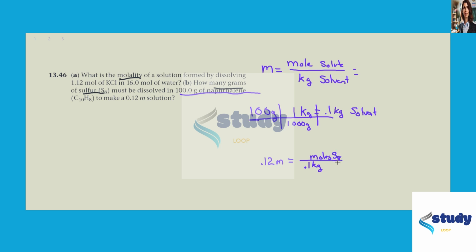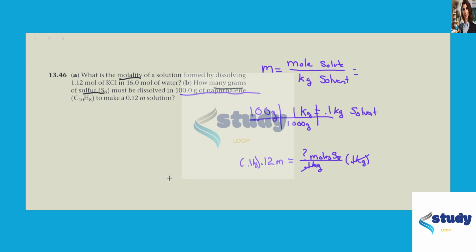So how do we solve for our unknown here? We get rid of whatever's on the bottom of the equation by multiplying both sides by 0.1 kilograms. There we are. So these are both going to cancel, and that's going to give us moles of S8. So that's our sulfur.